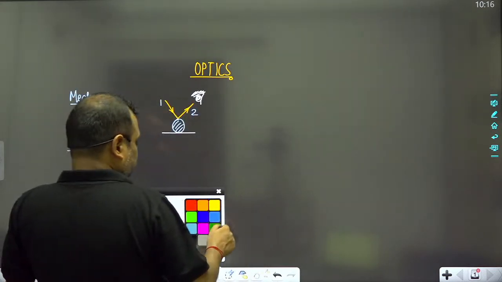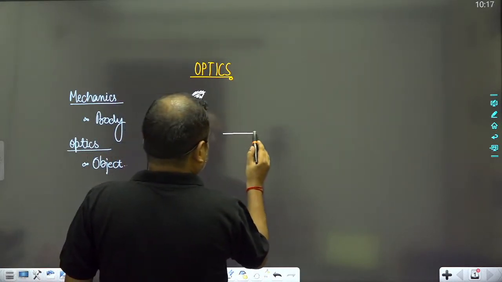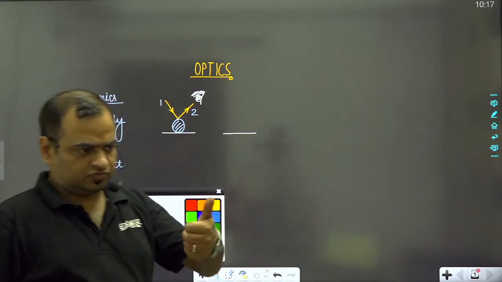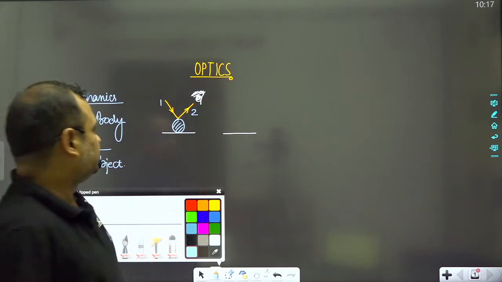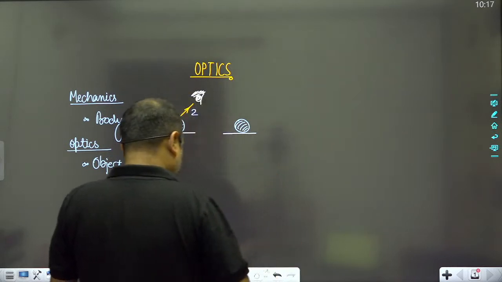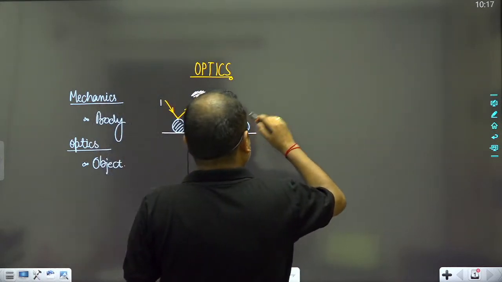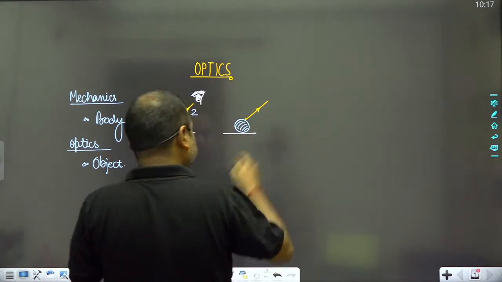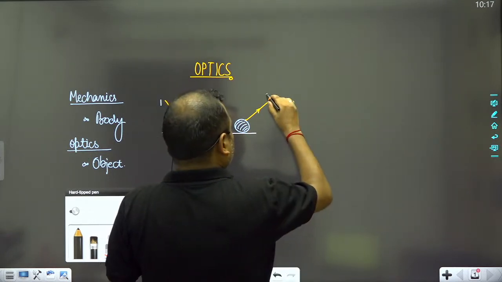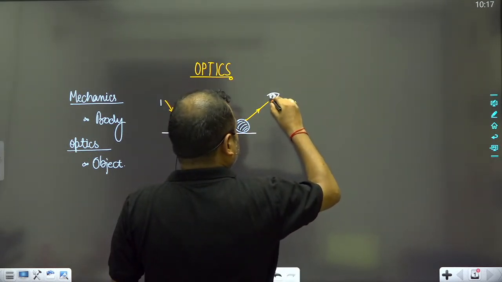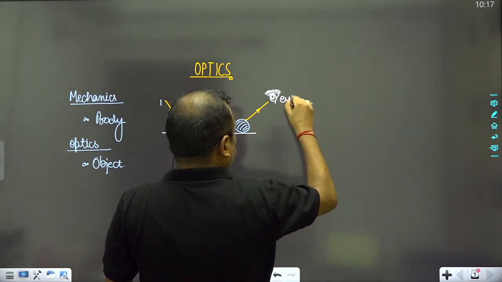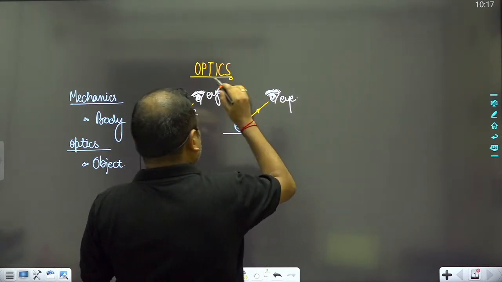Now suppose that there is a specific condition where, even though we do not send any light ray on the object, still the light ray goes and we are able to see the object. So this is the eye.